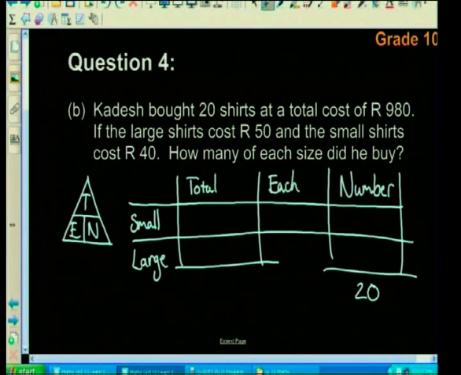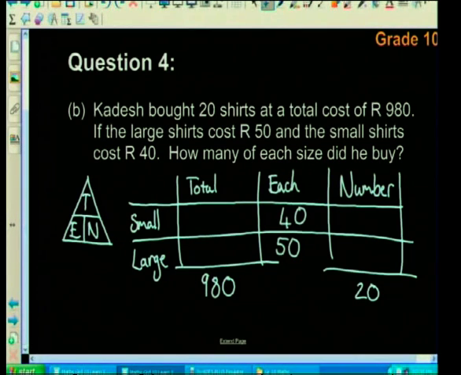So the total cost of all of them would be 980 Rand. If the large shirts cost 50 Rand and the small shirts cost 40, so price of each, large cost 50 and the small cost 40, how many of each size did he buy?